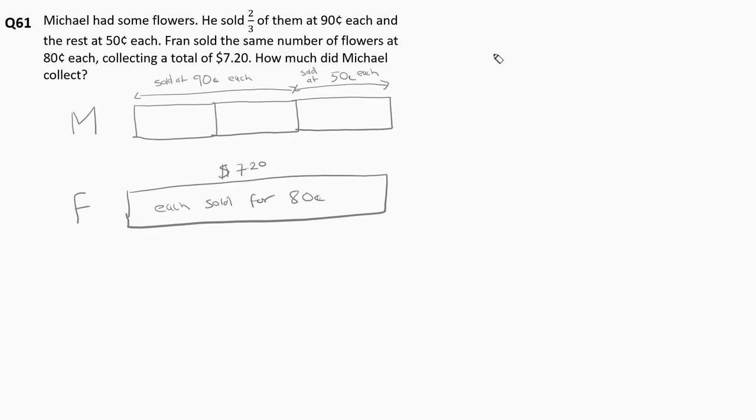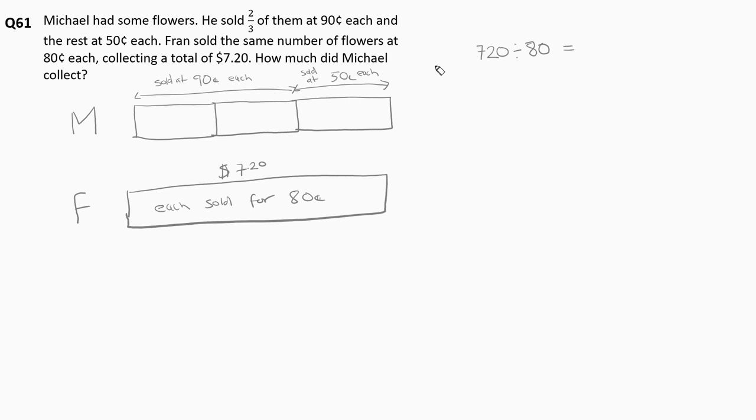So if we divide 720 by 80, we are going to get the number of flowers, the number of times that we got 80 cents.